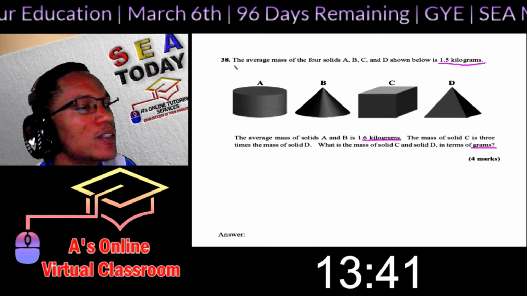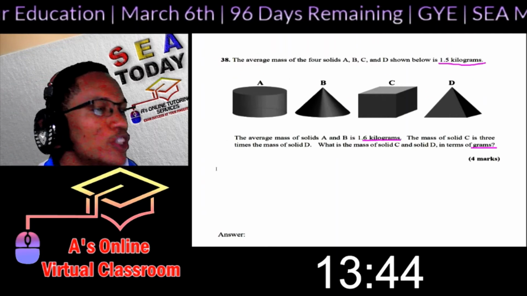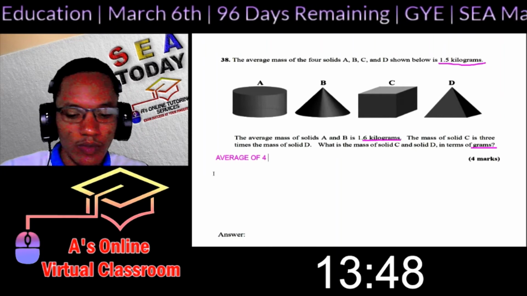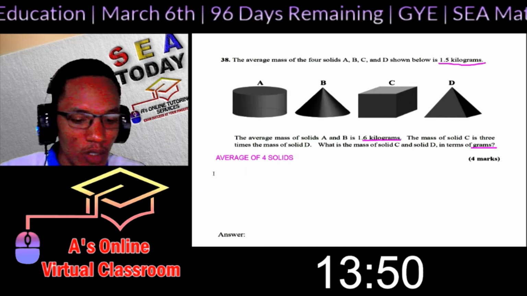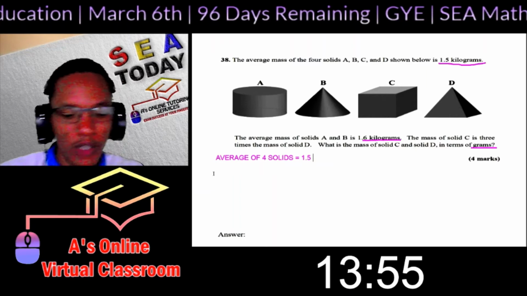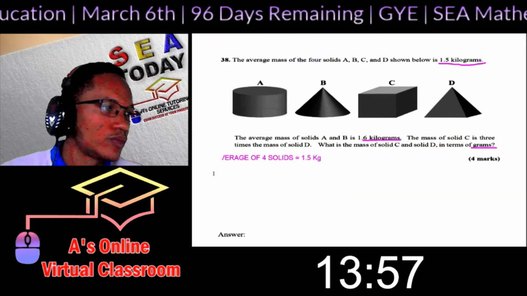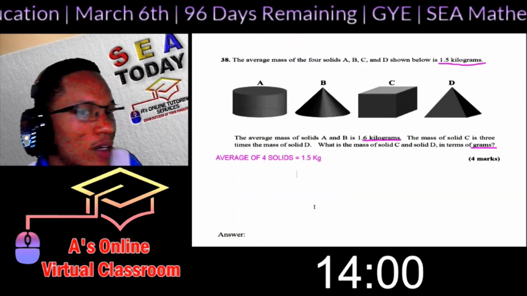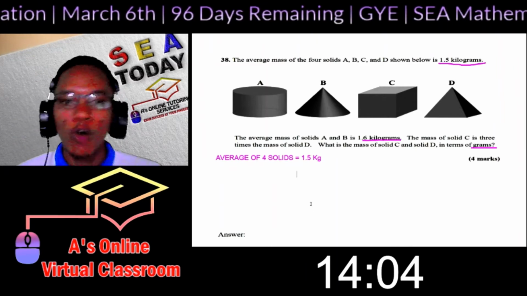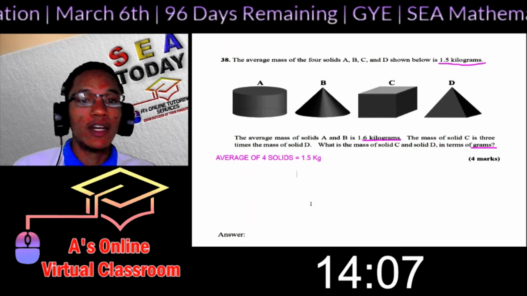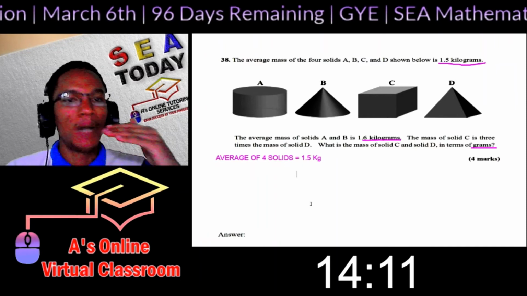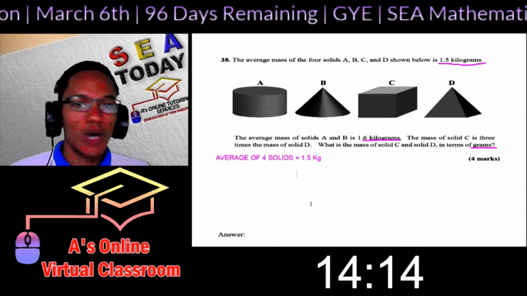So the first part of the question says that the average of all four equals 1.5 kg. So what is average? How do we even find average? To find average, you add up all the masses and then you divide by the amount of things you added.